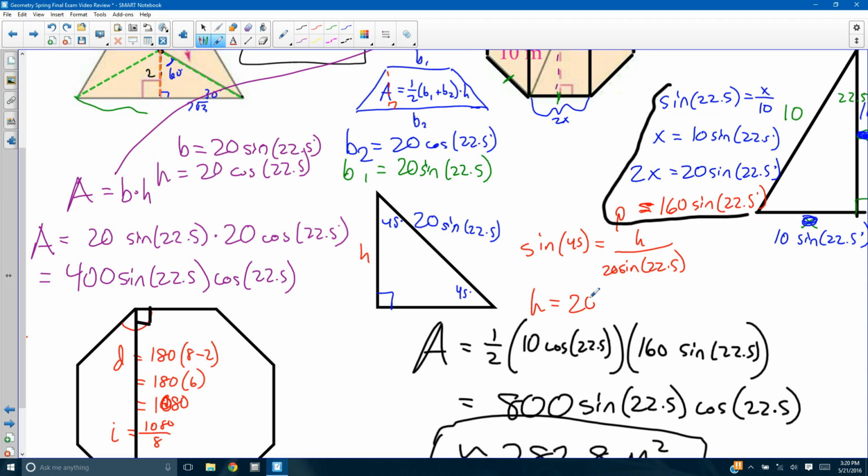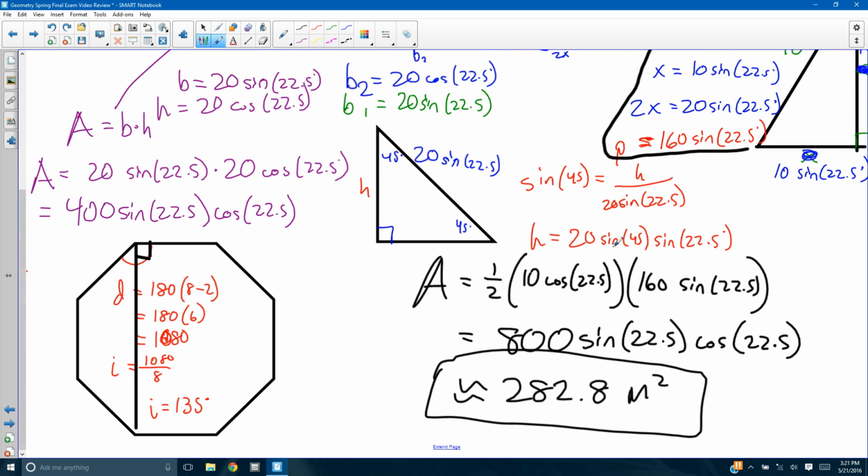H is 20 times the sine of 45 times the sine of 22.5 degrees right there. And I am a little rusty on my pre-calc, so if there's a way that you can multiply two sines with different angle measures, I believe there is a way, but it's not going to help it become much cleaner than that right now. So I'm going to keep it like that.